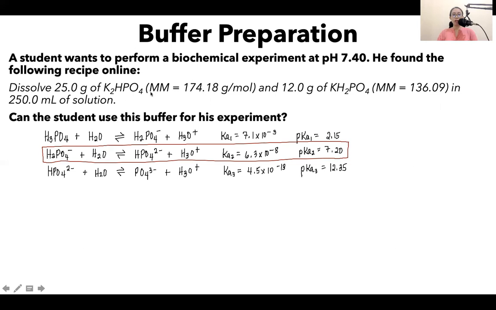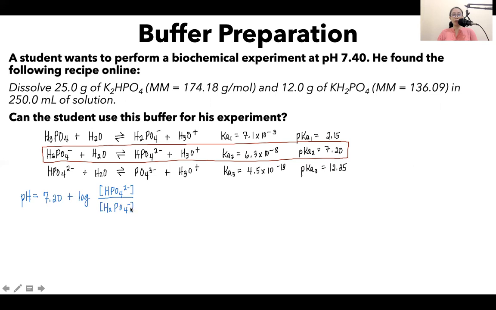So our Henderson-Hasselbach equation will look like this: pH equals, the pKa that you will use is the pKa for the second dissociation, so that's 7.2, plus logarithm of, again, the conjugate base, hydrogen phosphate, and the weak acid, dihydrogen phosphate.